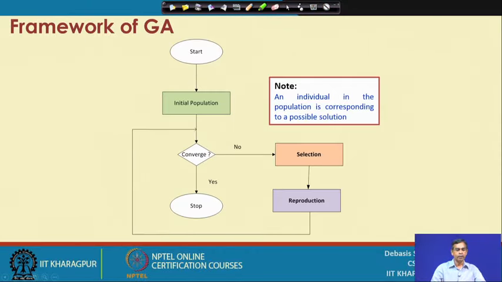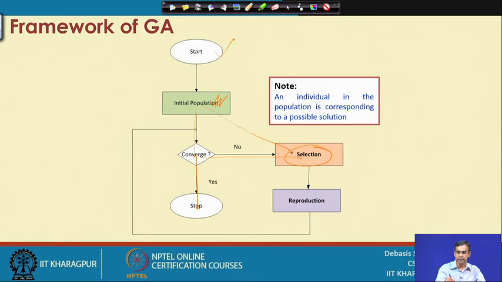Now, quickly I will start with the architecture of the genetic algorithm. This is the flow chart of the genetic algorithm. We start with an initial population, randomly selected. Then there is a concept called convergence. That means, if there is no improvement in the next population, then we can say stop here, no more progress. But if there is some possibility of progress, then we go on to selection.